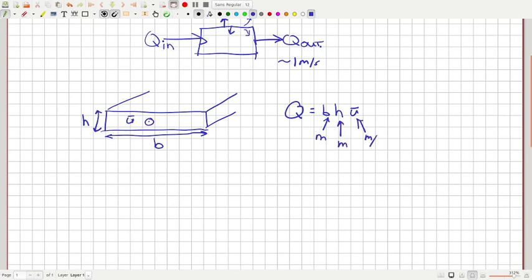Velocity, meters per second. So here we are, meters, meters, meters per second. That's meters cubed per second. And so this gives us the volumetric discharge, which I often just call the discharge.